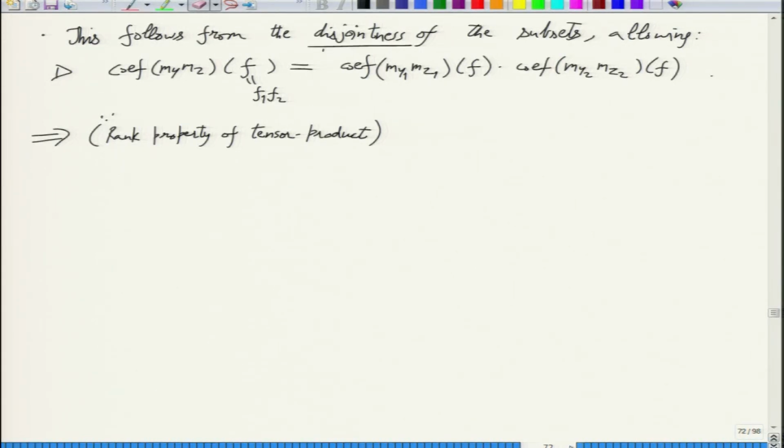Okay, so using this coefficient extraction of f1 times f2, you get the tensor product, and from the tensor product now you get the measure, which will be gamma y z f is equal to the product of gamma yi zi fi.